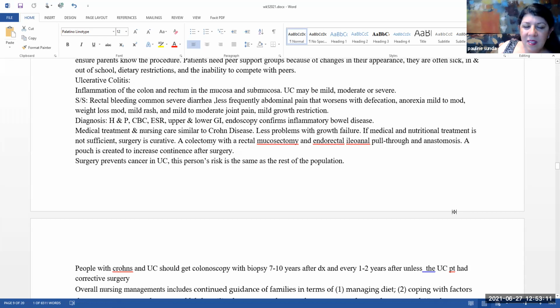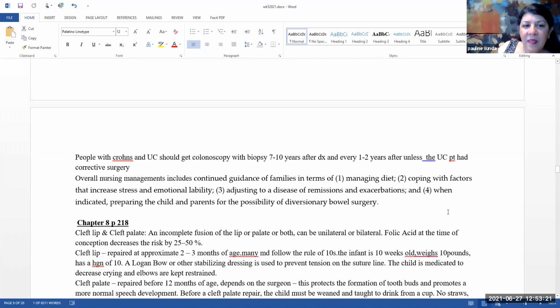Surgery also prevents cancer in the patient with ulcerative colitis, and then their risk is the same as that of the rest of the population. People with Crohn's and ulcerative colitis should get colonoscopies with a biopsy 7 to 10 years after diagnosis, and then every 1 to 2 years after that, unless the patient with ulcerative colitis had the corrective surgery.